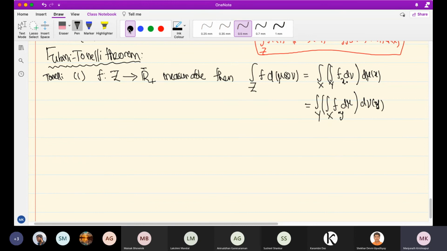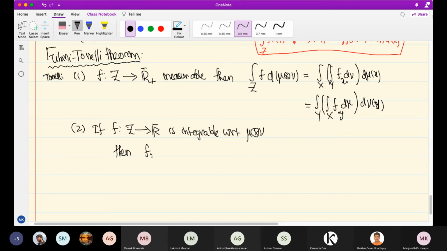Okay, let me state the second part, which is the same thing but not for non-negative functions. What is the hypothesis? We assume f is integrable with respect to mu tensor nu. Then f_x is integrable with respect to nu for almost every x.